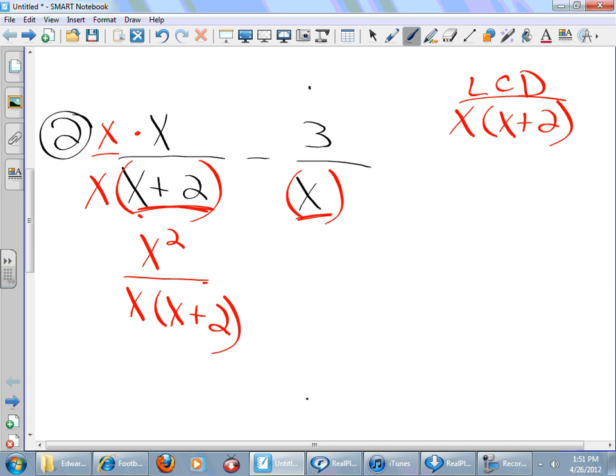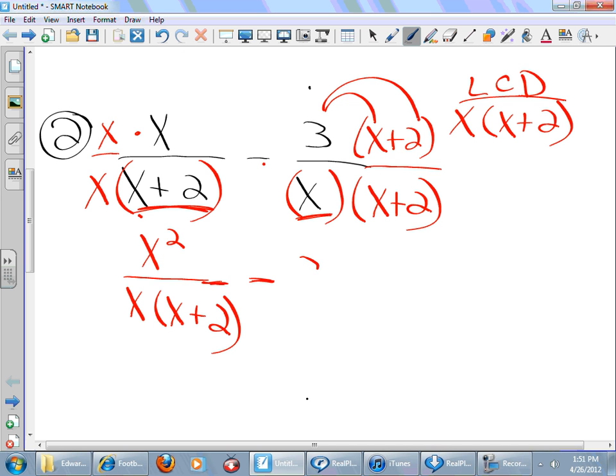The second one, I'm going to need to multiply by the quantity of x plus 2 in the denominator and by the quantity of x plus 2 in the numerator. Now I have to be careful here. I'm going to bring this negative down, the minus. I'm going to distribute the 3 and get 3x plus 6 over x times the quantity of x plus 2.